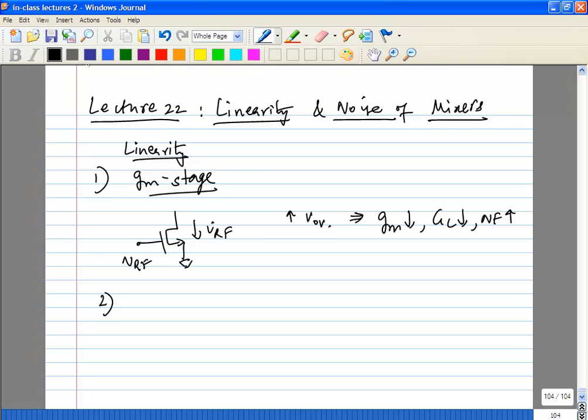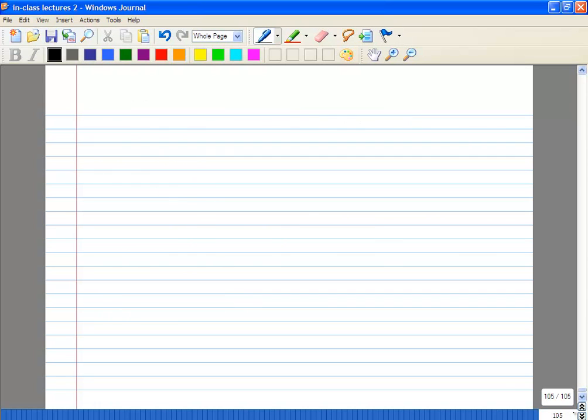How about the switch? Let's go to the next page. To look at the switch nonlinearity, you have to look at the capacitances in the circuit.